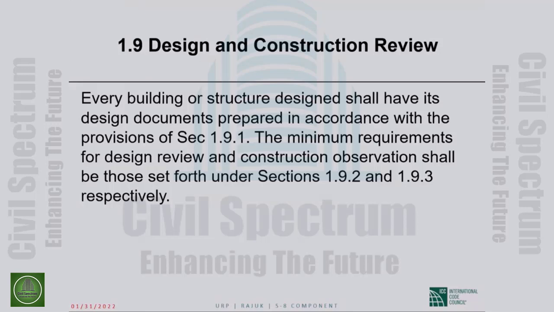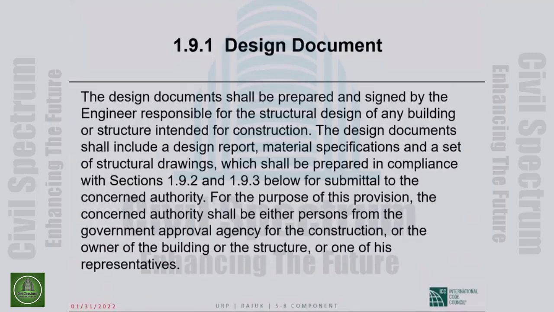So we are talking about two things: design review and construction observation, which shall be those set forth under 1.9.2 and 1.9.3 respectively. Okay, so design documents are prepared in accordance with 1.9.1, design review in accordance with 1.9.2, construction observation in accordance with 1.9.3.